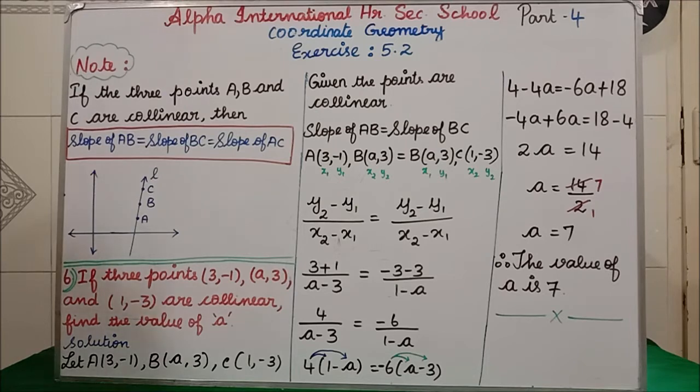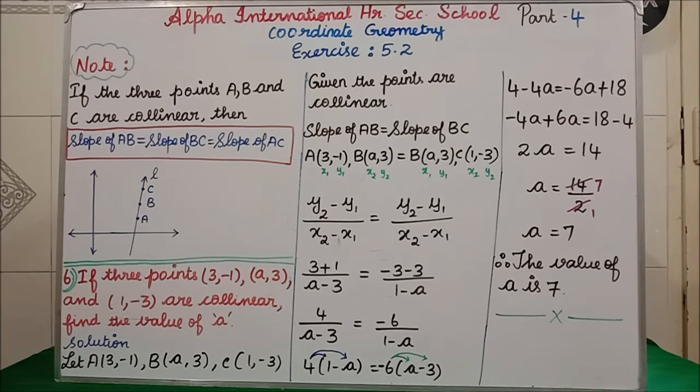But if the question mentions to solve collinearity using the triangle formula, you have to use only the 5.1 method. Suppose the question asks to find collinearity using the slope method, you have to follow this method. Clear students? Shall we start now the sixth question?